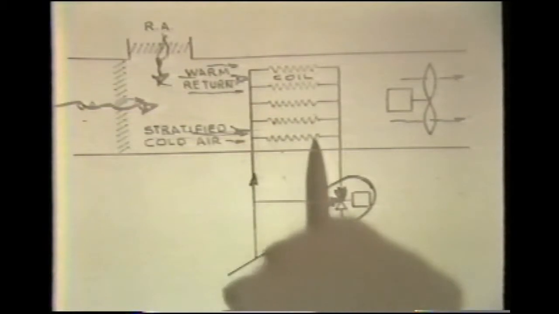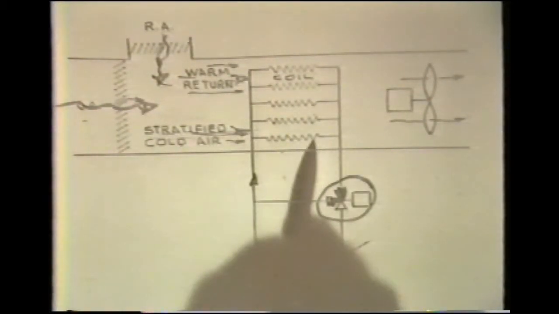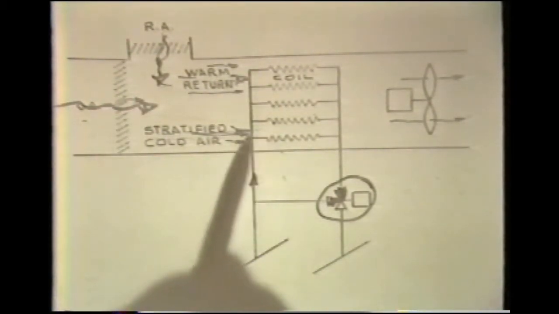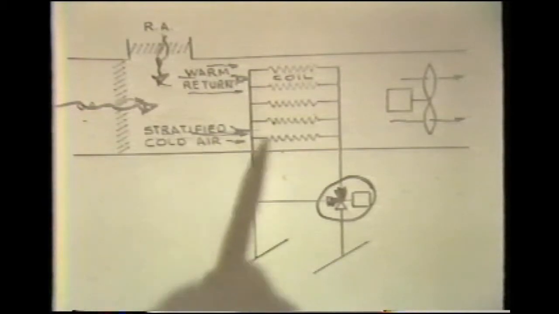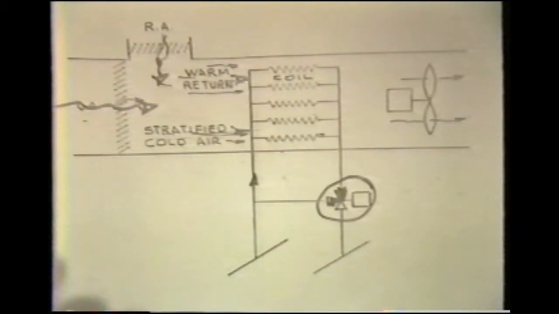Should this control valve close off in terms of bypass or flow through the coil, what will happen will be that flow through the coil will cease. And when flow through the coil ceases, the fact of having very cold stratified air going across this coil will cause the coil to freeze, leading to much consternation and great difficulties.